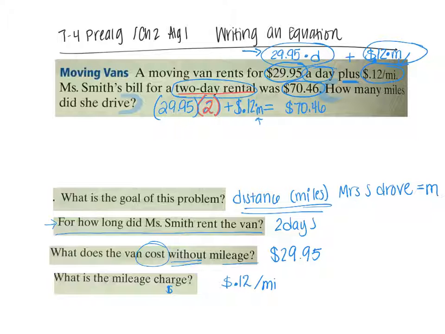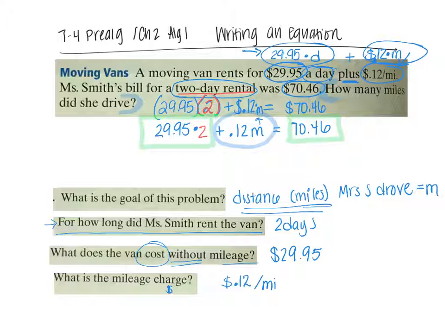Well, in order to solve this equation, I have $29.95 times 2 plus 0.12 times M, and that equals 70.46. Okay, I want to get M by itself. If I think about my constants, this is a constant, and this is a circle because it has my variable, and this doesn't have a variable, so this is a box again.